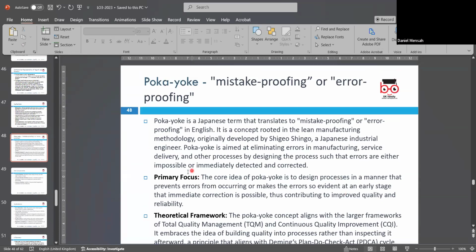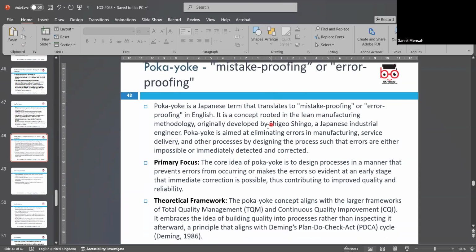There is another technique, Poka-yoke. It means mistake proofing or error proofing. It is focusing on removing the error from your processes, mainly on preventing the error immediately, for example in your manufacturing process or service delivery processes.